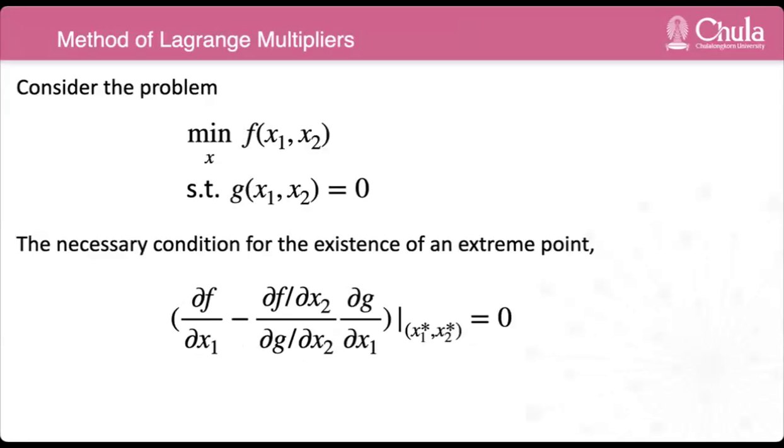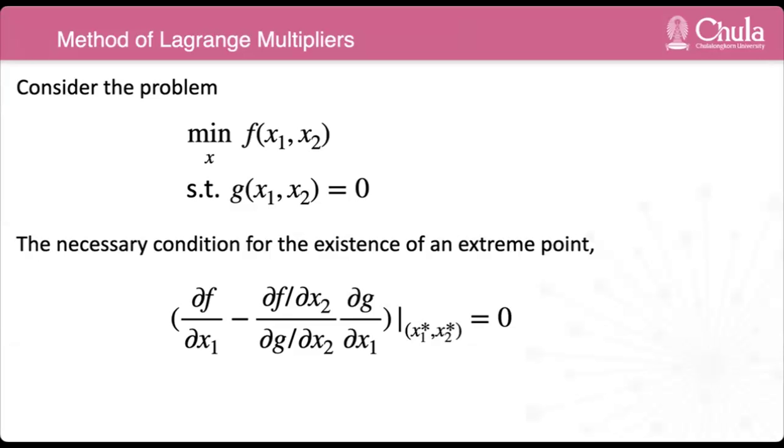So you see that we have the derivative of f, which is our objective function, with respect to x1. And we subtract this term times the derivative of g by x1.